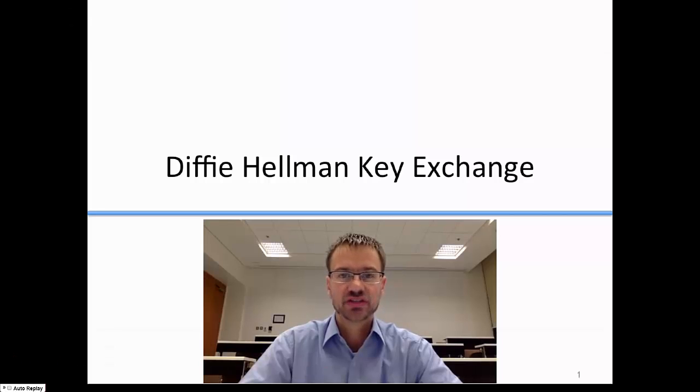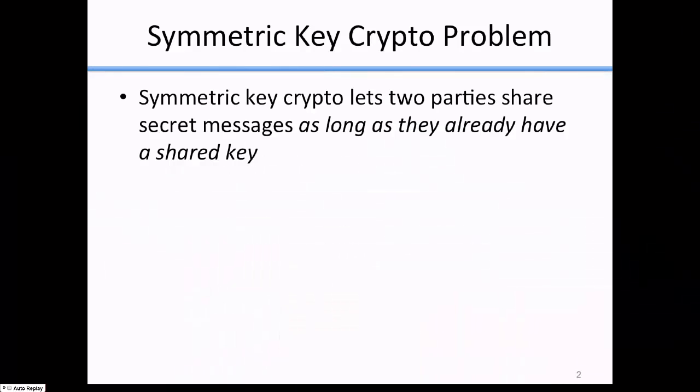Diffie-Hellman key exchange is a protocol that two people can use over a shared network connection, for example, to come to a shared key that they want to use for encryption. But let's jump into this in more detail. Symmetric key crypto lets two people share secret messages as long as they already have a shared key, right? So Alice and Bob can send each other encrypted messages, but they need to know the key that the other one is using.